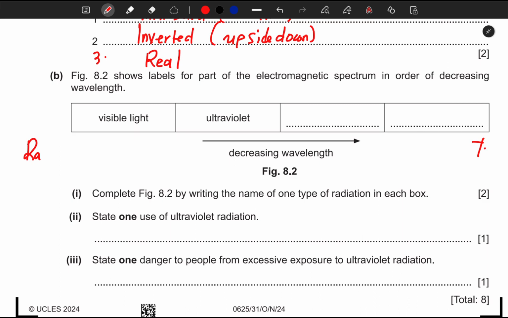Now complete figure 8.2 by writing the name of one type of radiation in each box. They want us to know there and there. The electromagnetic radiation that comes after ultraviolet is X-ray. You can even write X-rays, it's fine. The one that comes after X-ray is gamma ray.